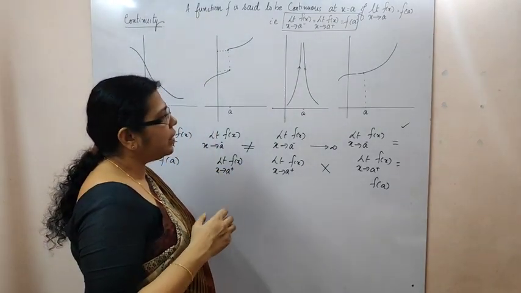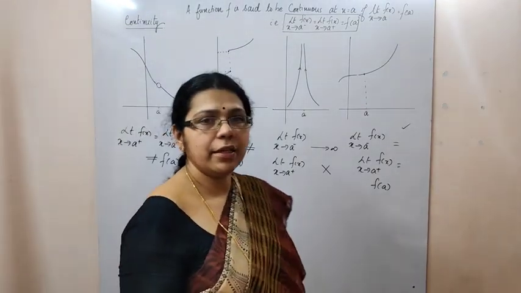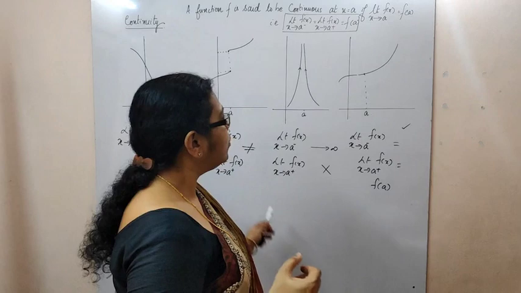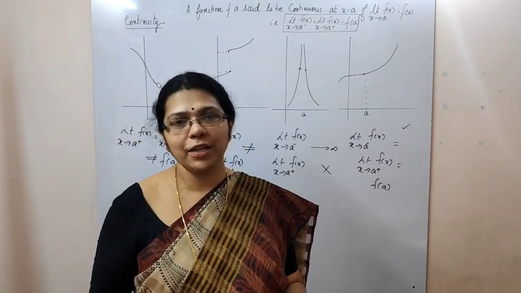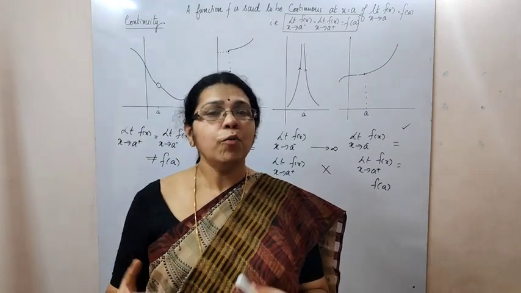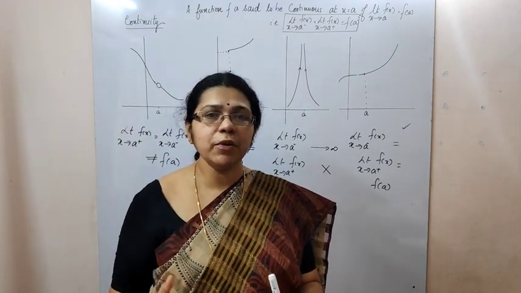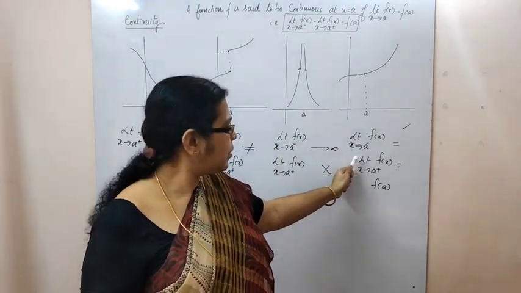Right? But suppose you are asked a question to find whether the function is continuous. Now, you draw the graph of the function and say it is continuous. That is not how we need to prove it to be continuous. We have certain steps. What is the step? The first thing you have to say is the limit of the function exists.